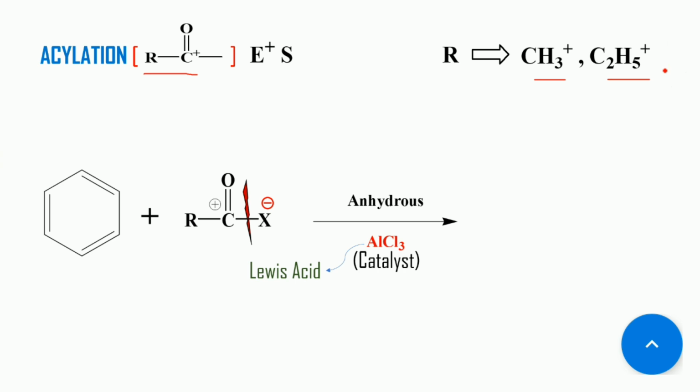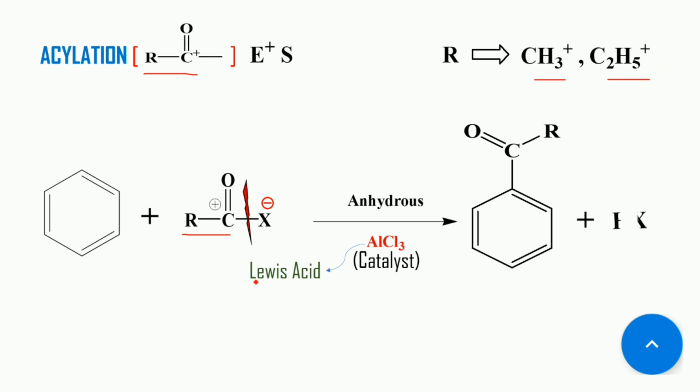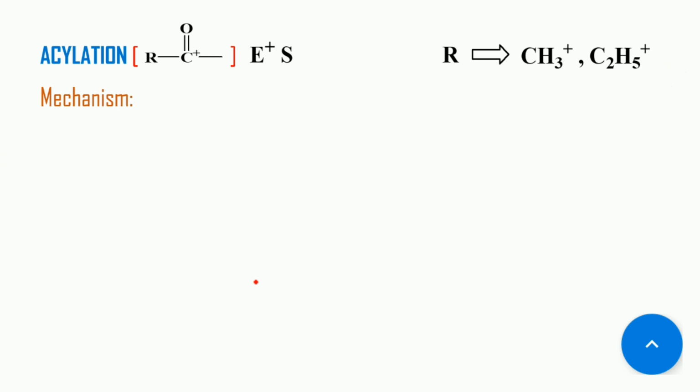So this one is our electrophile, which goes for attack on benzene, and the nucleophile is captured by our Lewis acid, and finally we get our desirable product, that is this one, along with a side product. Understood? Okay, now let's go for its mechanism.